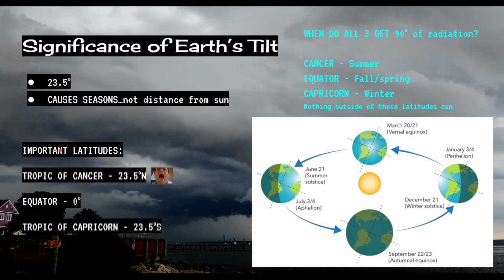These latitudes you're going to want to know: 23.5 degrees north is the Tropic of Cancer. If you know the show Seinfeld, you might know there's one episode where Jerry, one of the main characters, supposedly has an overdue book, Tropic of Cancer from 1971. Well, what's the point?